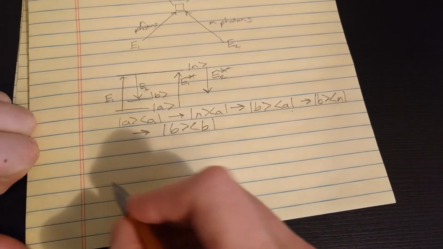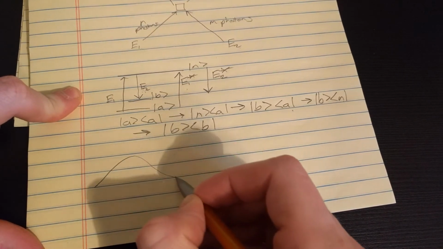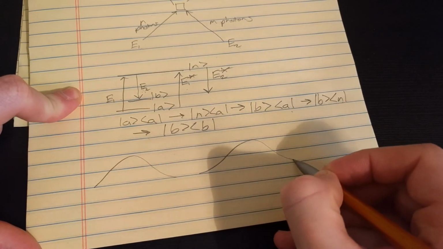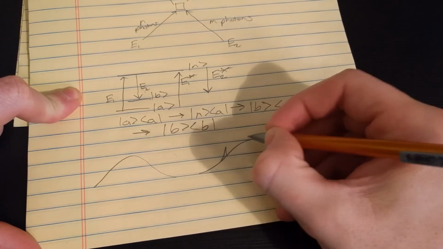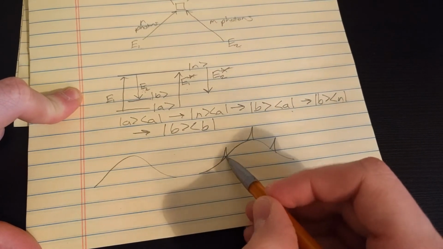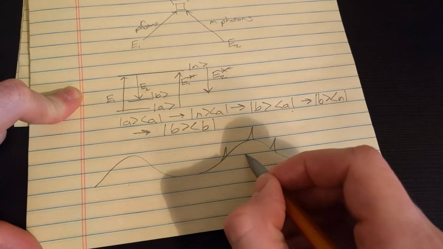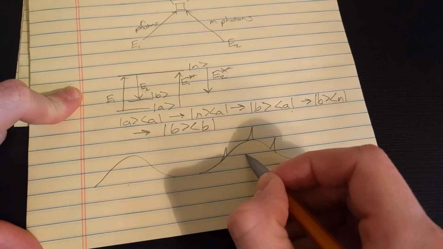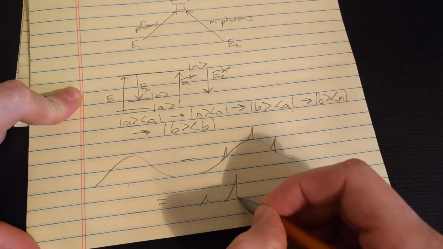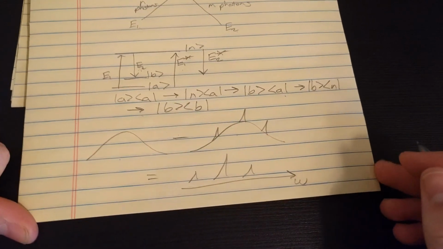So initially your broadband pulse might look like that, but then afterwards, since you're going to get stimulated Raman gain on top, it's going to look like this. And what you do is subtract the initial pulse from the detected pulse, and what you get is your Raman spectrum, where this is your frequency axis.